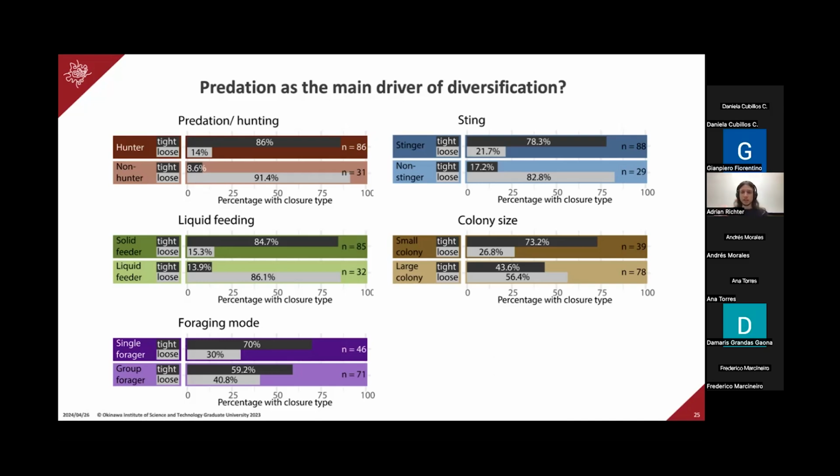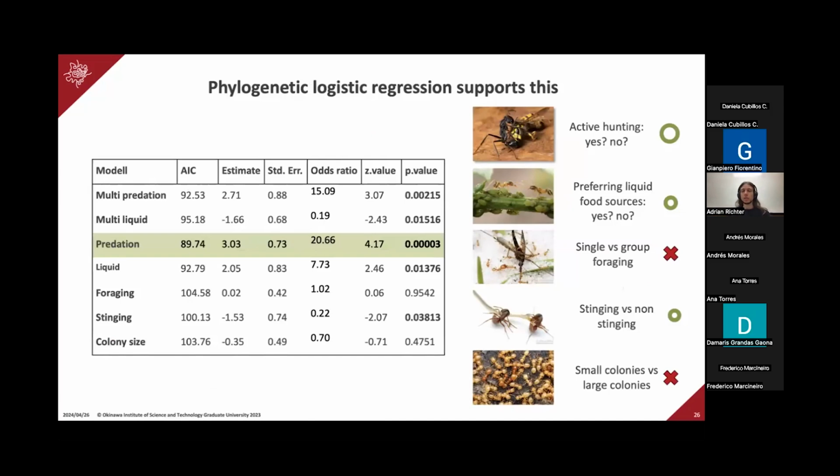And if I actually test these relationships, these correlations, with a method taking phylogenetic relatedness of the species into account, I used phylogenetic logistic regression for this, then yeah, predation absolutely comes out as the most well-supported predictor of mouthpart state statistically.